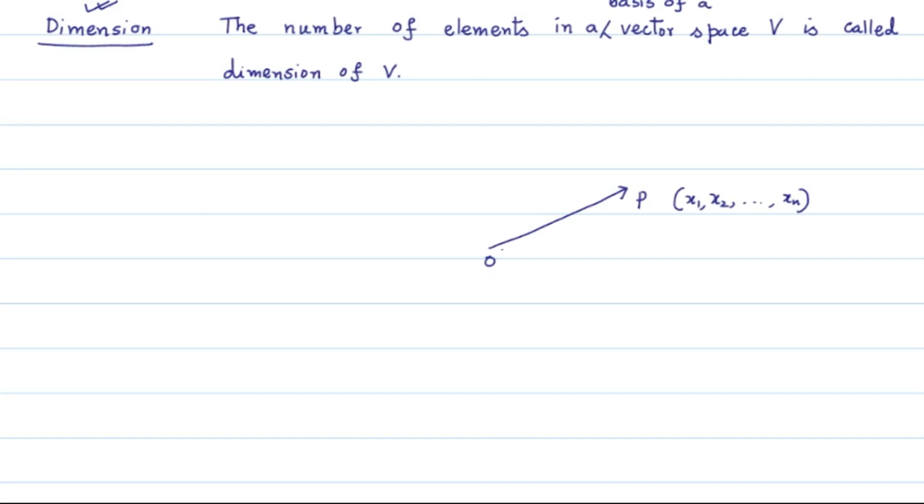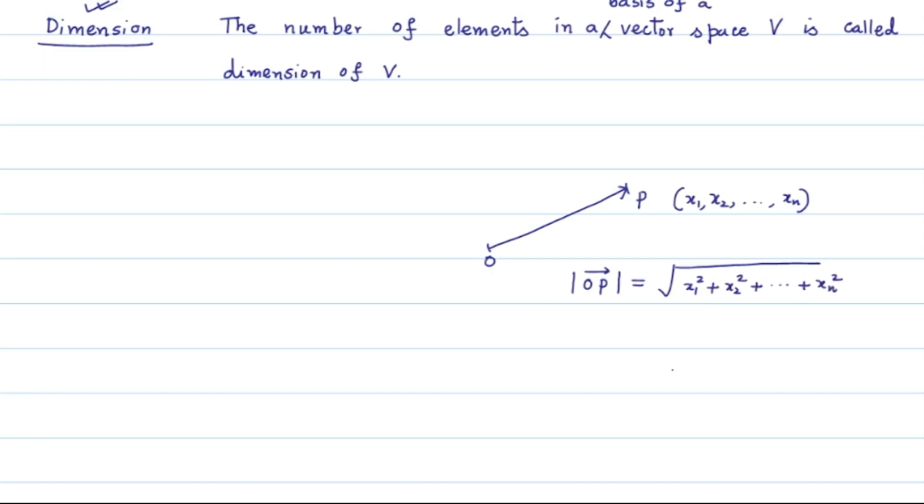To measure the length of this vector OP, we commonly use the Euclidean distance from the point O, which is the origin, to the point P. That is, the length of this vector OP is given by the square root of x1 square plus x2 square plus till xn square.